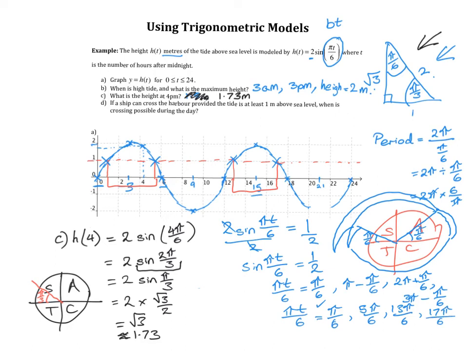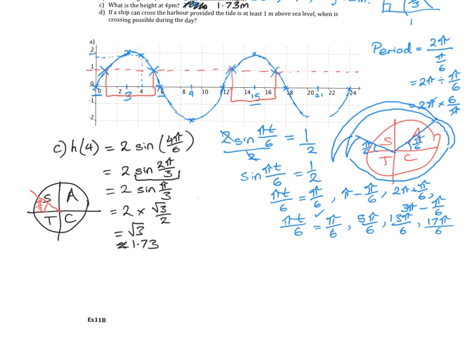Now look at this. I've got pi t on 6. So first, let's times everything by 6 to cancel out this 6 here, and I'm going to times everything over here by 6. Basically, all the 6's cancel out, which is lovely.